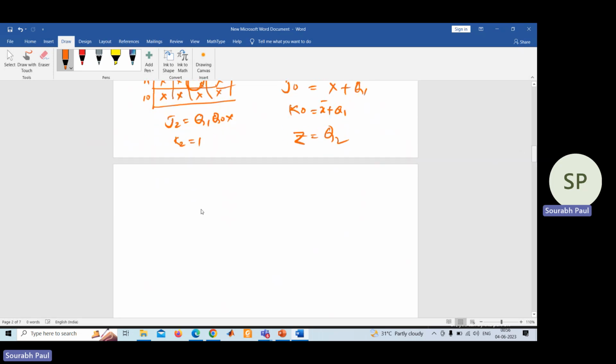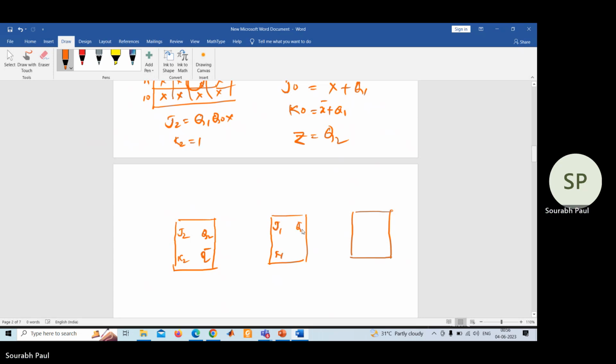Now after that, how to make this sequence detector circuit. As you have 3 flip-flops, you have to draw these 3 flip-flops first. The flip-flops are J2 K2, and you have outputs Q2 and Q2 bar, and you have J1 K1, outputs Q1 and Q1 bar.